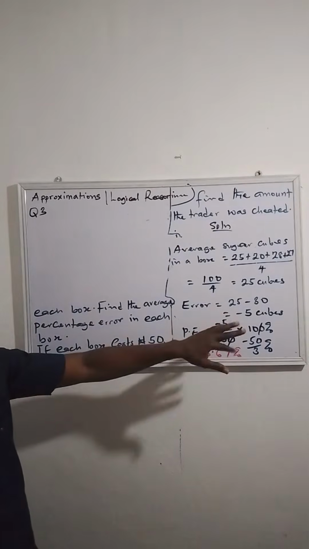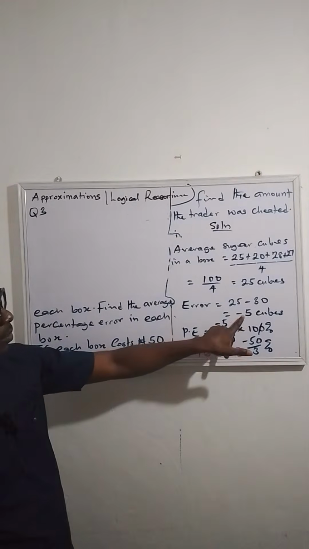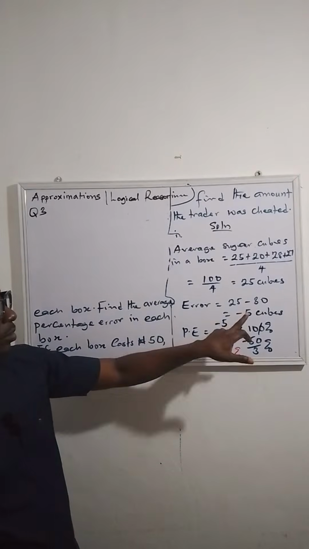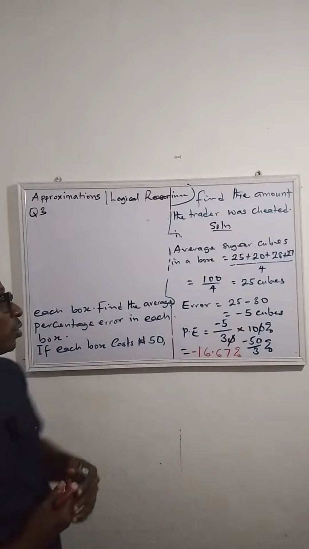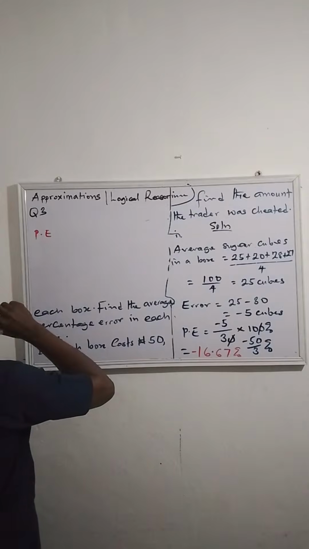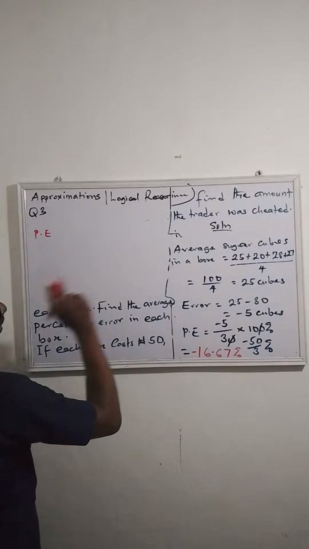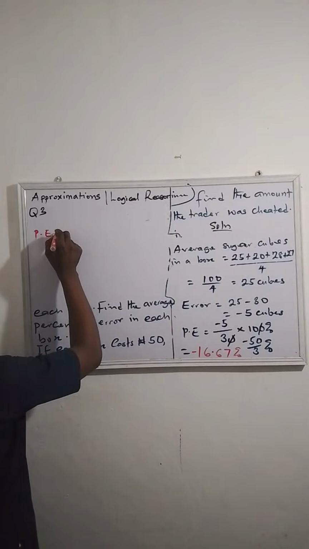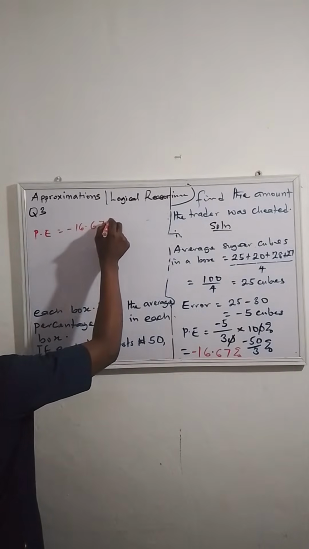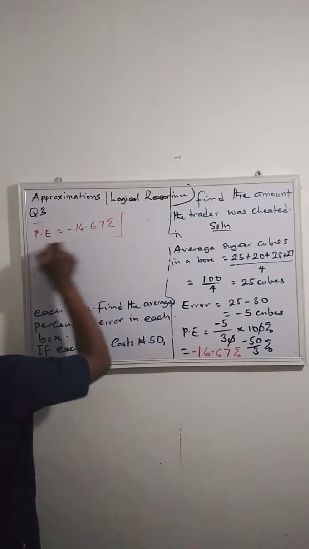Now the man was cheated by 5. Do you understand now? In each of the box was cheated by 5. So percentage error, we have done that, which is -16.67%. Let's take note of that.